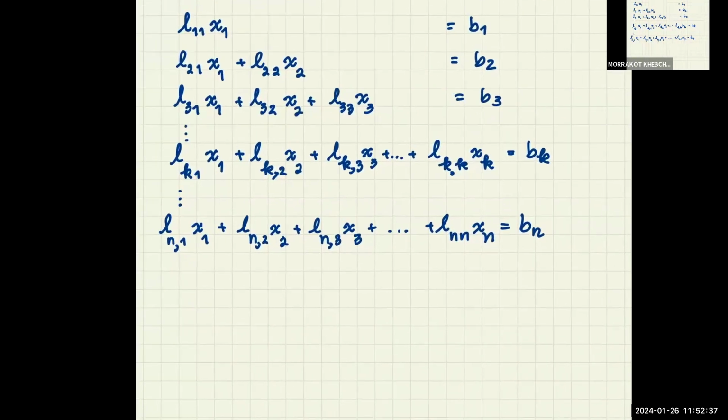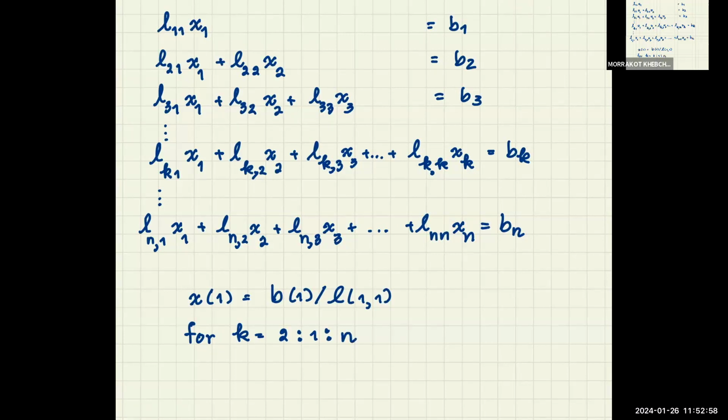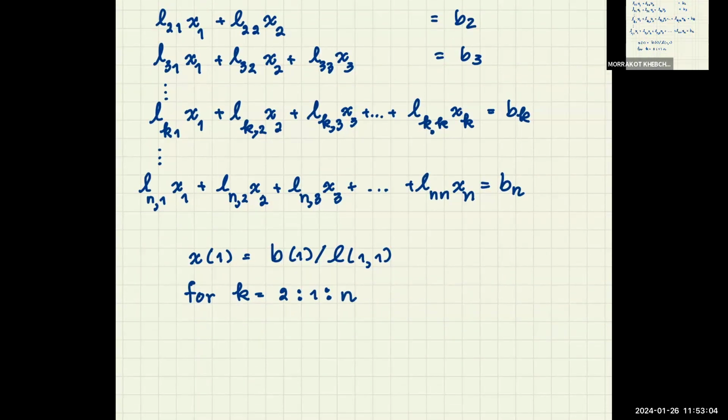So you have x1 is b1 divided by L11, right? Now for k, start from 2, step 1 up to n. You increase 2, 3, 4, 5, 6 up to n. You will have to find all the sum.